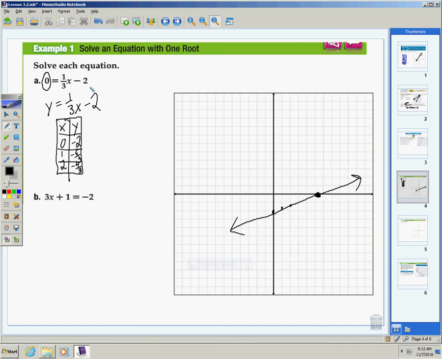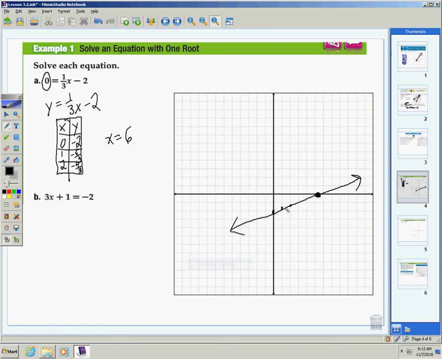Now, this is not the best way to solve these problems, because when we're graphing them by hand, it's really hard to see where exactly it crosses the x-axis. However, we can use technology to help us, and in class, we will actually be using a graphing calculator to find where it crosses the x-axis. But for now, just do your best, plot the points, and estimate where it crosses the x-axis.